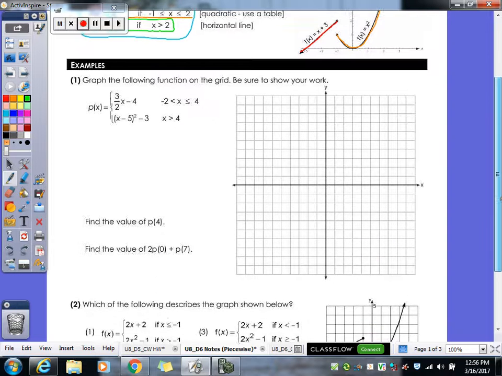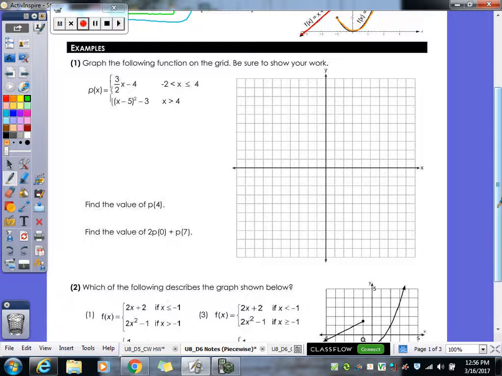So let's take a look at our examples. Here we have two different pieces. We have the 3/2 x minus 4, and then we have the x minus 5 squared minus 3. Let's start with the first piece, the 3/2 x minus 4. We're going to make a table of values.